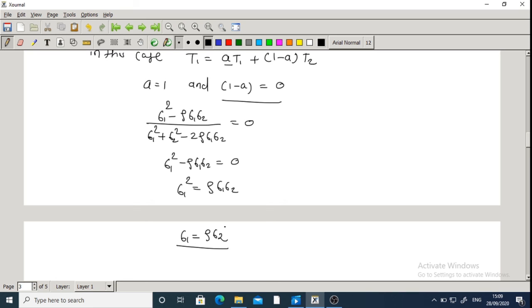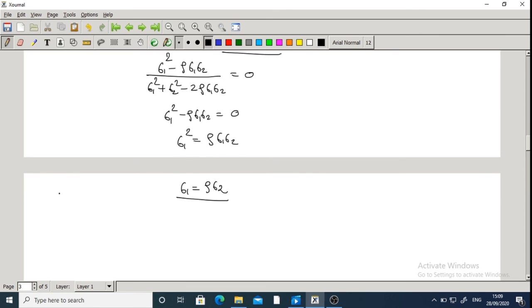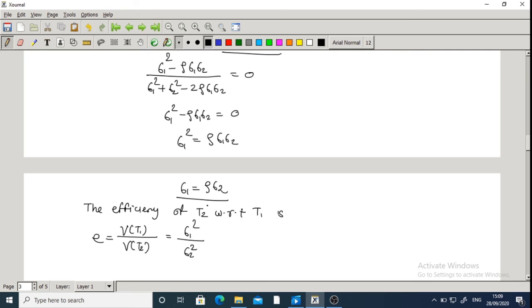The efficiency of T2 with respect to T1 is E is equal to variance of T1 divided by variance of T2, which is equal to variance of T1 is sigma 1 square divided by variance of T2 is sigma 2 square, and by putting this you will get rho square sigma 2 square divided by sigma 2 square.